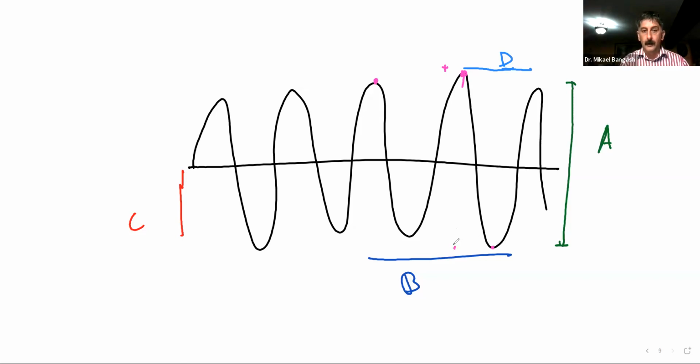Clear? We can measure from here to here. That will be period if we measure it in time. From here to here in distance, that will be the wavelength. Clear?